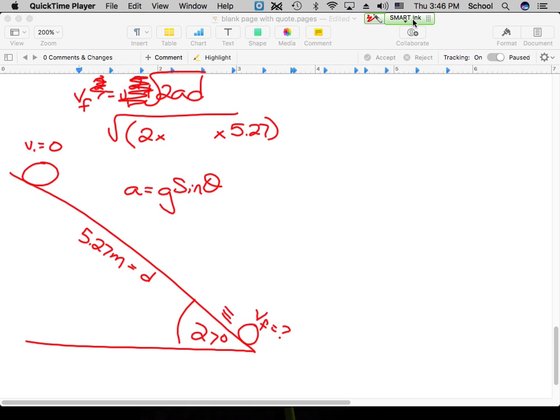Can you explain why it's sine? Yeah, why sine? Weight is pulling this way, because weight can only pull straight down. But the part of the weight that's shoving that way is the part that's doing the accelerating. And then we also have this part that would be providing the normal force.